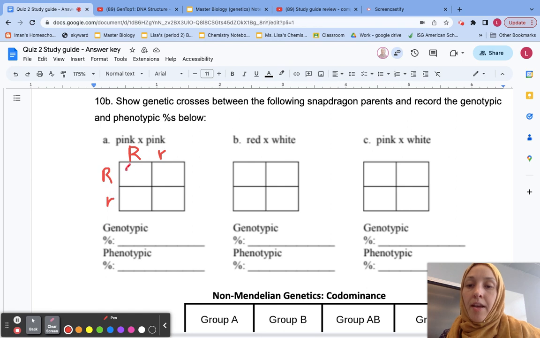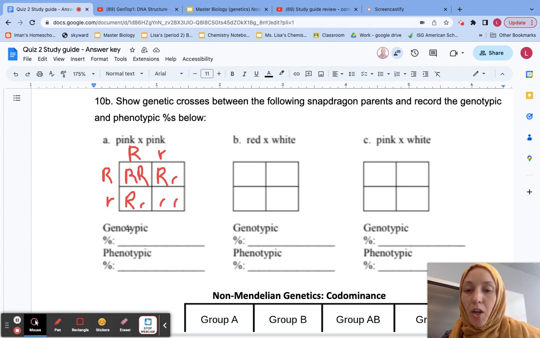If I complete this Punnett square quickly, what would the percentage of different genotypes be? 25% homozygous dominant, 50% heterozygous, and 25% homozygous recessive. This would be my genotypic ratio percentage.